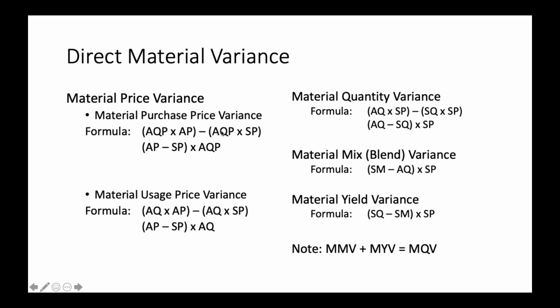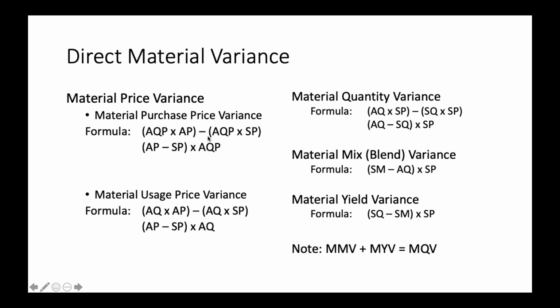Material purchase price variance, the multiplier here is the actual quantity purchased, while here is the actual quantity used. This is different in a way that not all purchased quantity are used in the production.